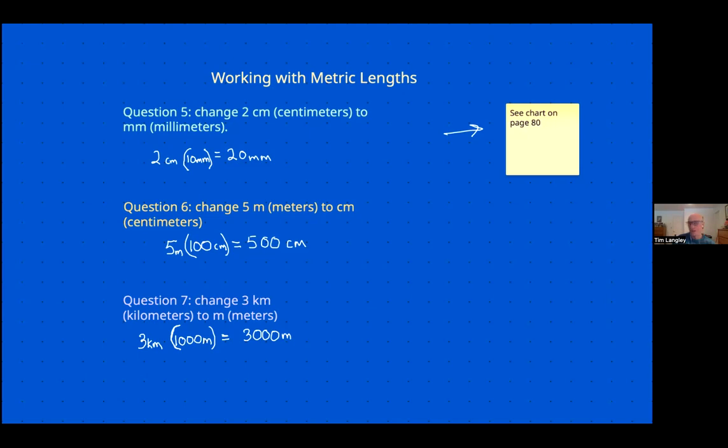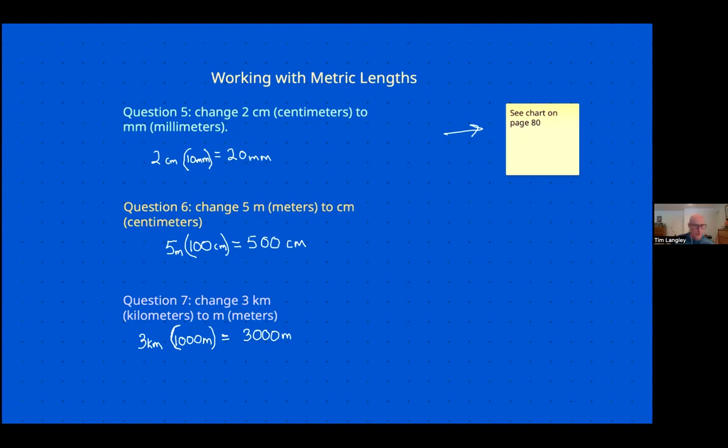So I could solve it simply by just 2 centimeters times 10, because a millimeter is 0.1 of a centimeter. So I'm going to move on to question 6 here.